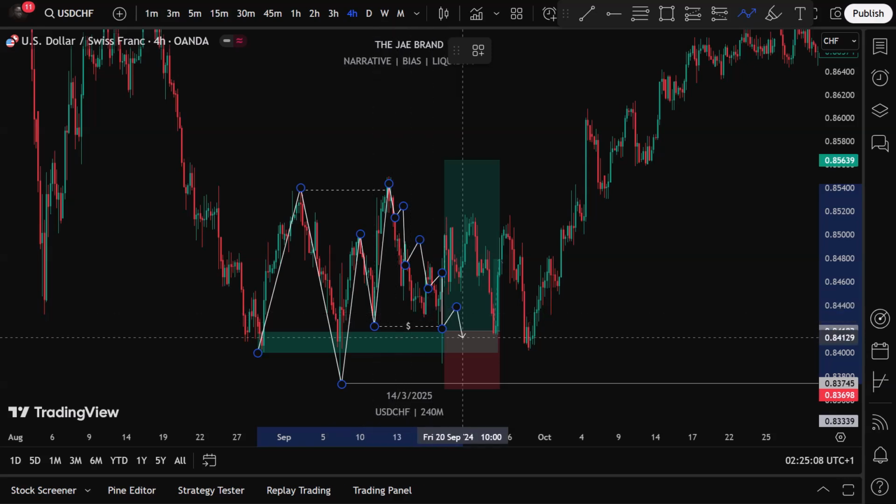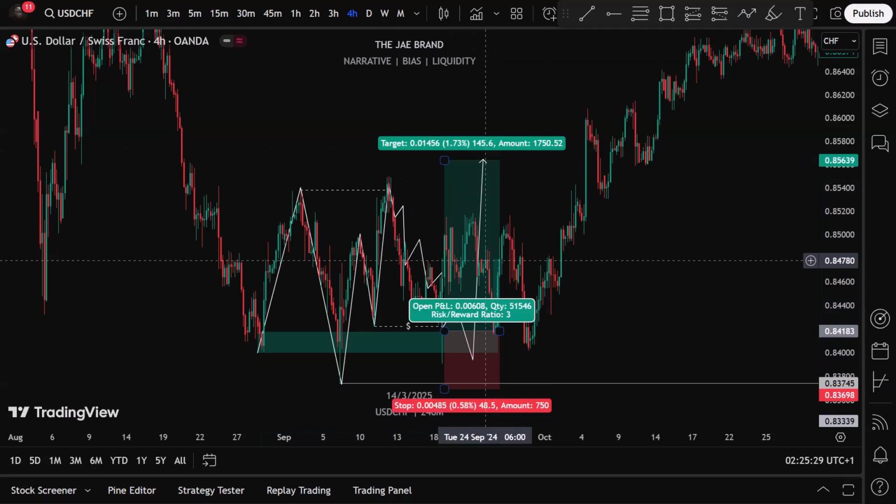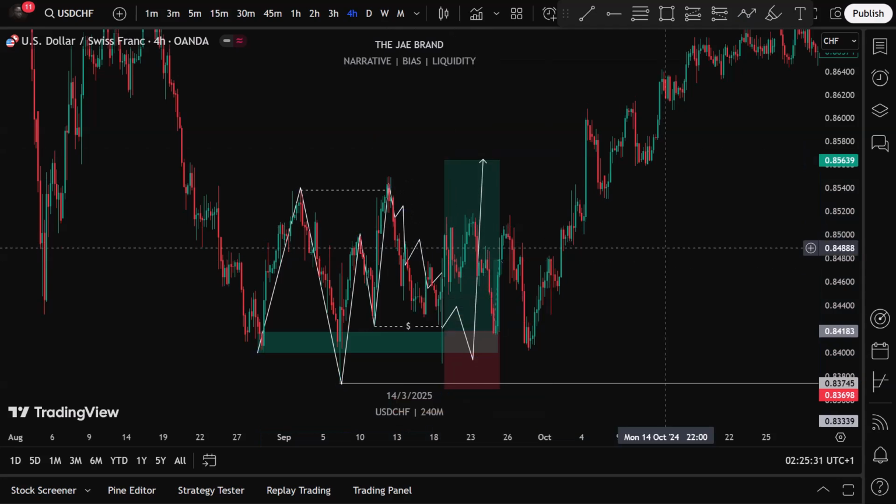You patiently wait for price to get into your POI, probably placing a limit order or executing while price is in your POI, and you target the external range liquidity up here. But as for me, I only do 1 to 3 RR, which is this.